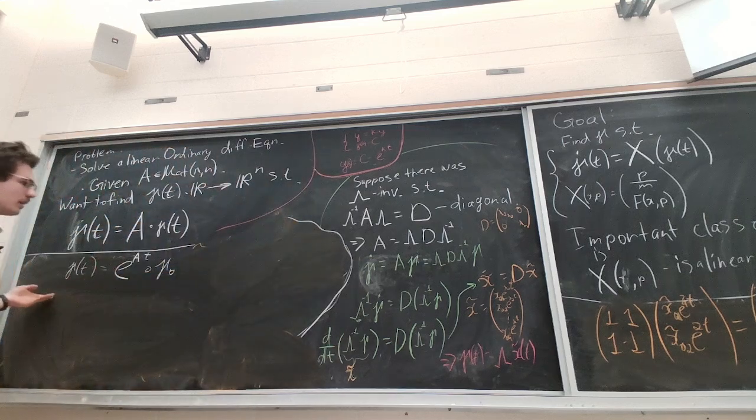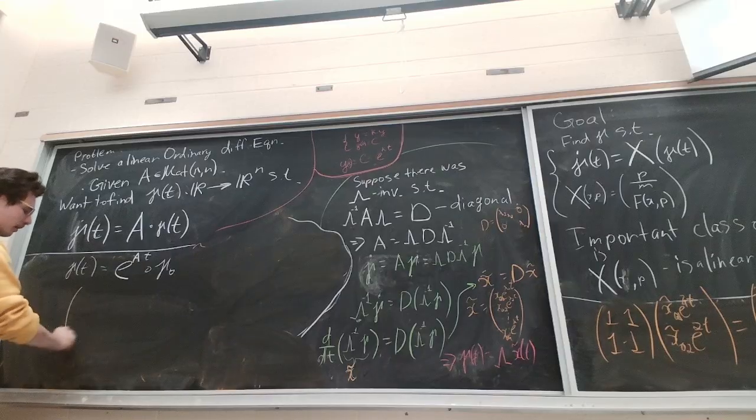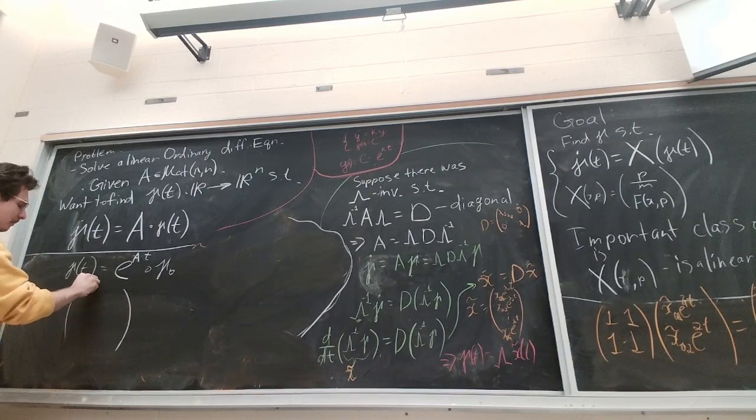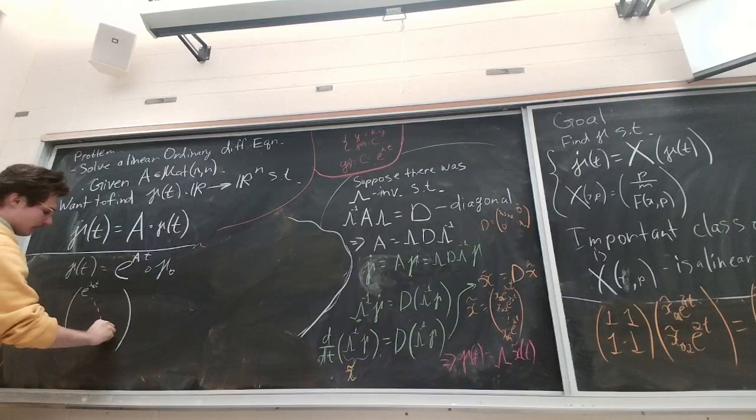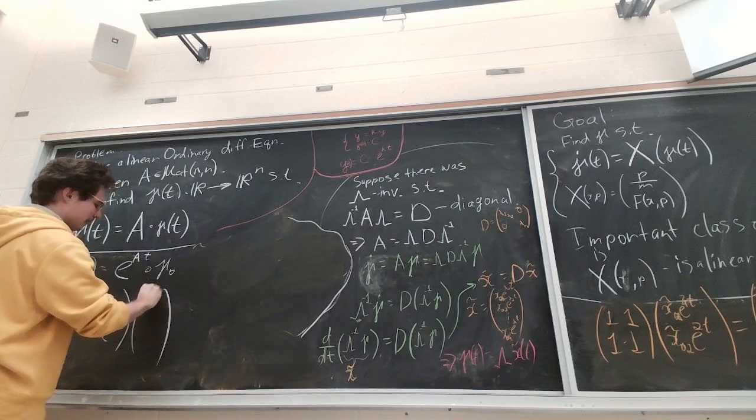And we realized that if A was diagonal, then the solution was really e to the lambda 1 t, through e to the lambda n t, applied to the initial condition.